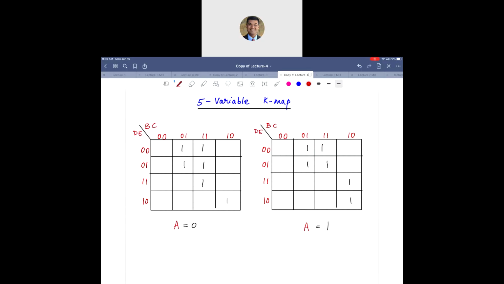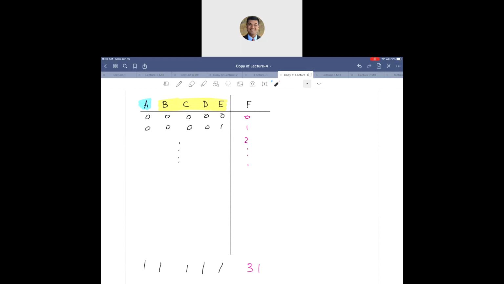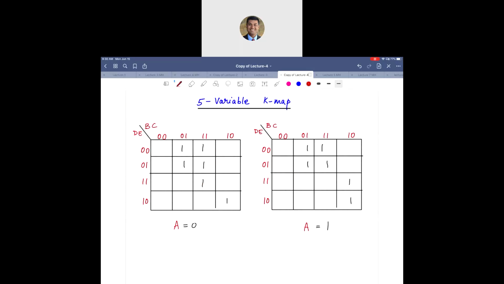That way, the first 16 entries go into the left K-map, and the last 16 entries go into the right K-map. So let's also number them, like we did in the truth table, 0 to 31, let's also do this over here.